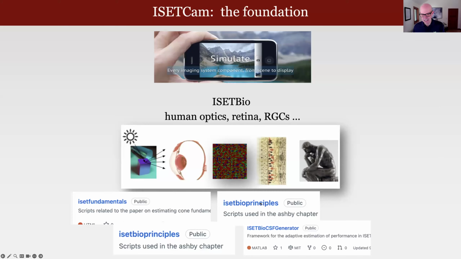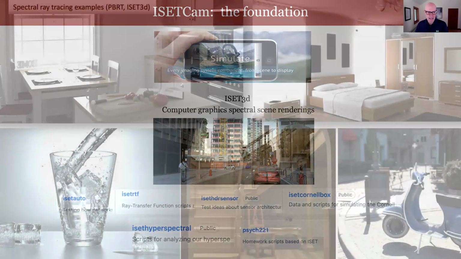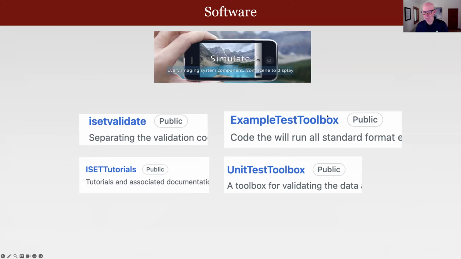And then for those of you interested more in engineering and engineering applications and driving and optics and so forth, high-density sensors, there's a collection through this ISET 3D. You really need to get into these complex scenes for that direction. And you saw those scenes. And again, if you get into this ecosystem, we've been building tools for the software itself. So David's example test toolbox for checking things.